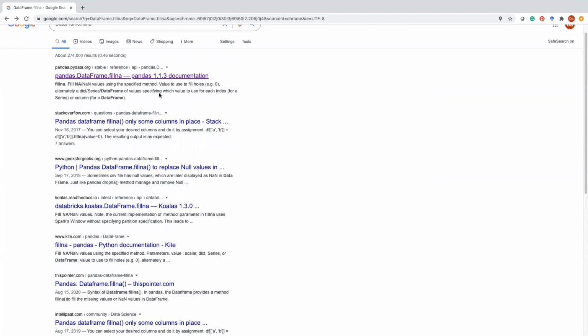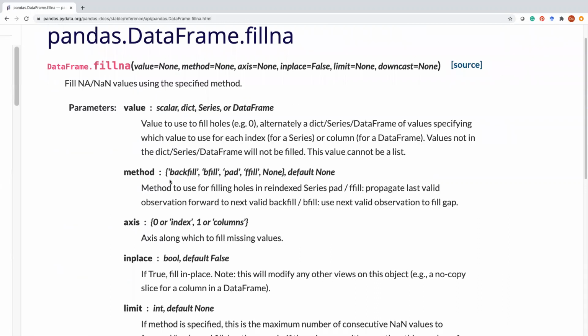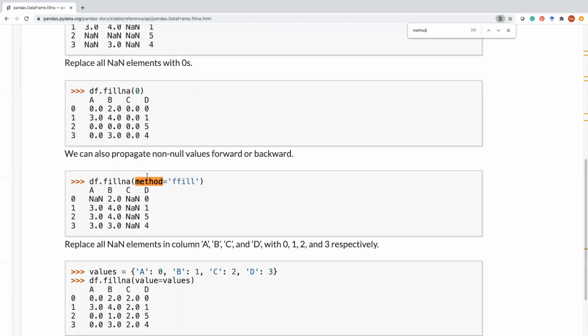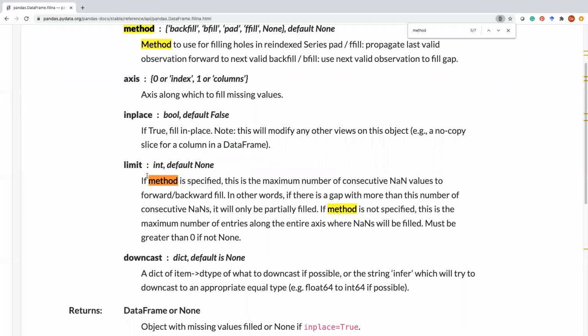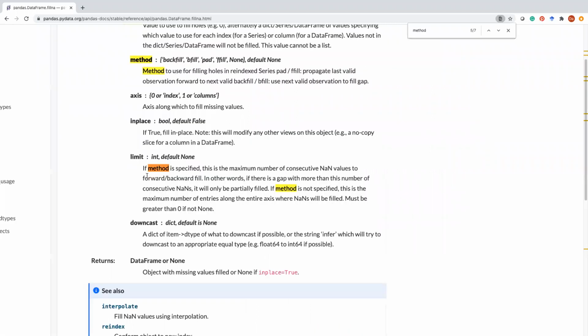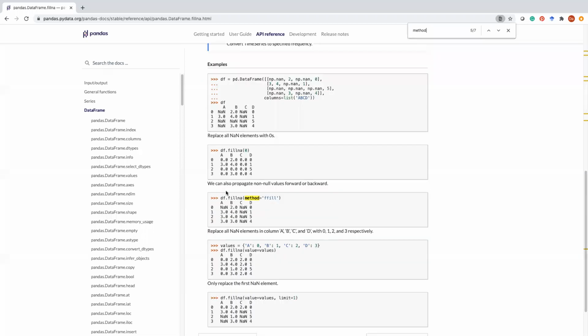Maybe we have to look here. Yeah, I cannot find it right now.